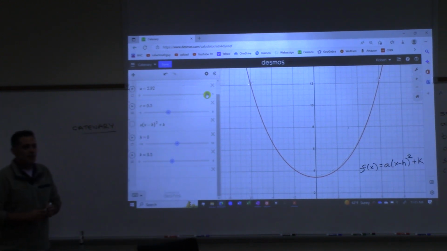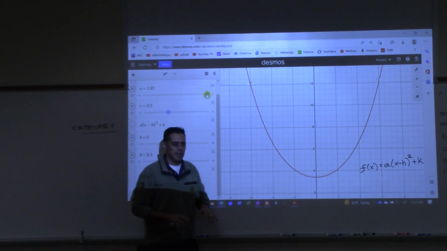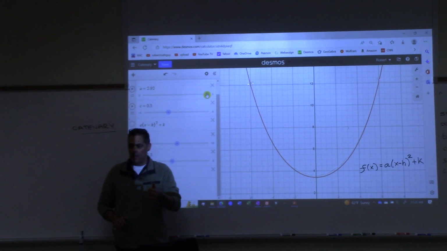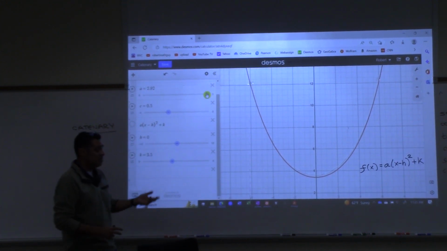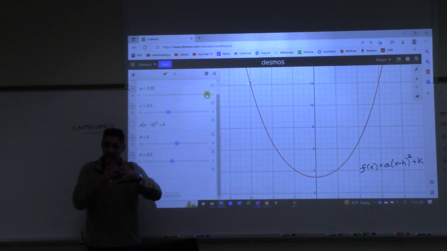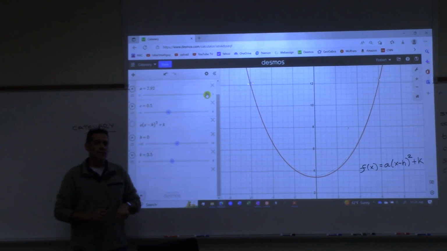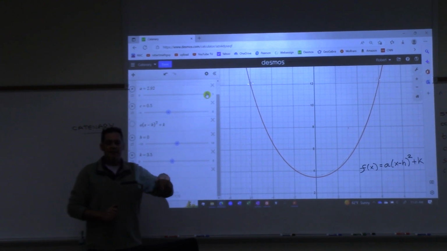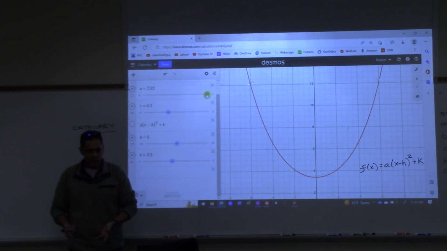Now, I have to wave my hands at this a little bit, because to prove to you that a hyperbolic cosine function is in fact a catenary, the shape of a hanging wire, requires things that we have not done yet. We have to look at the arc length of things, which we don't have a formula for yet.